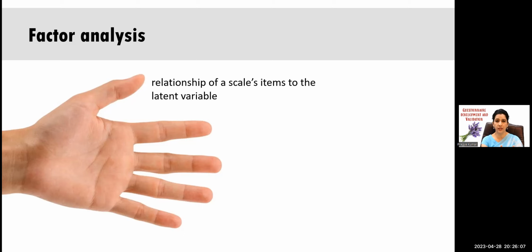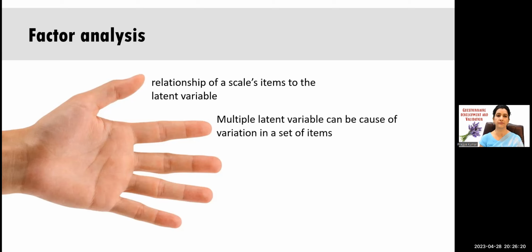Because if you can remember that picture or the figure where there was a latent variable which was affecting all the items. So it sees the relationship of the scale item with the latent variable. And then, you know that, again, we discussed this, that the variation in the item is due to the variation in the latent variable. Means the latent variable or the construct is affecting these items.